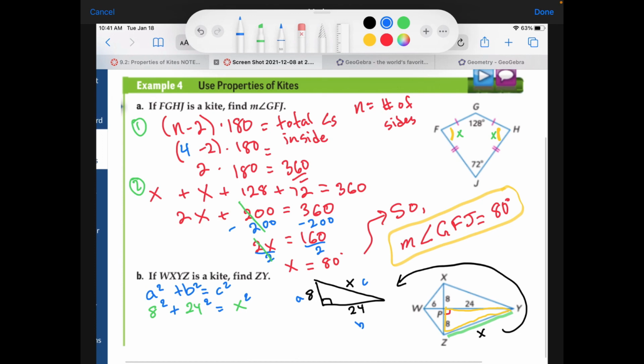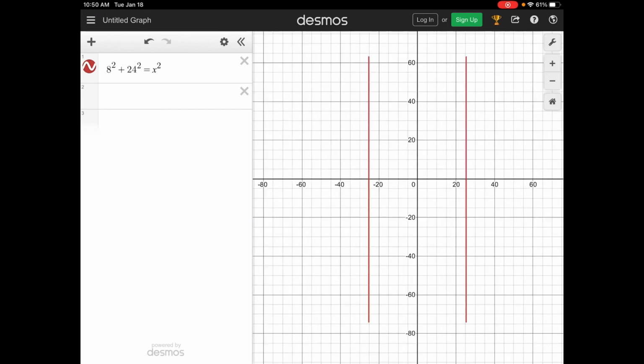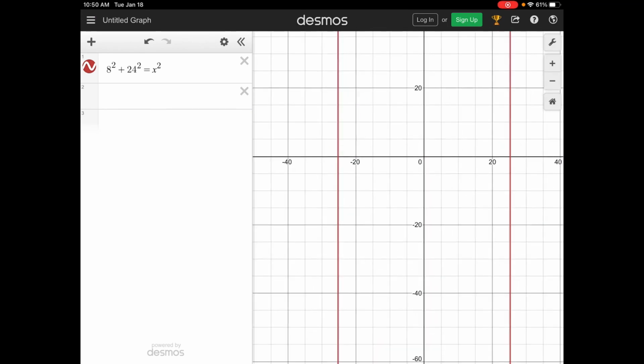Let's just put this one in Desmos, just for fun. All right. Let's readjust our picture and see. Because it's an x squared, we're going to have two numbers. We're going to pick the positive answer because it's a distance, and there's no such thing as a negative distance.